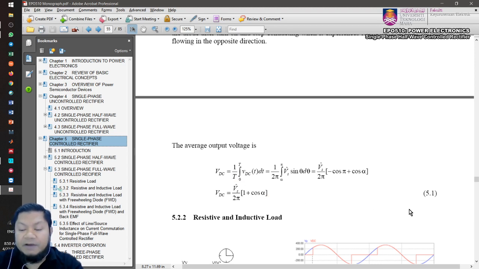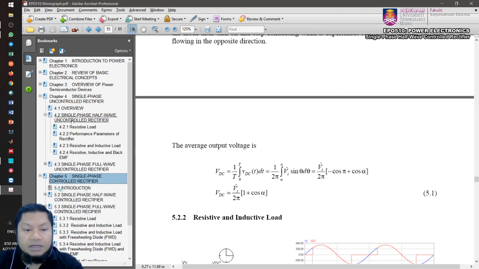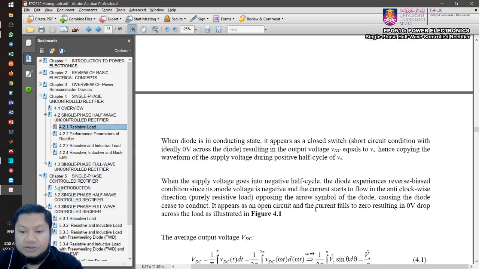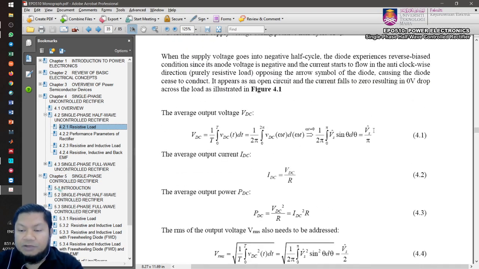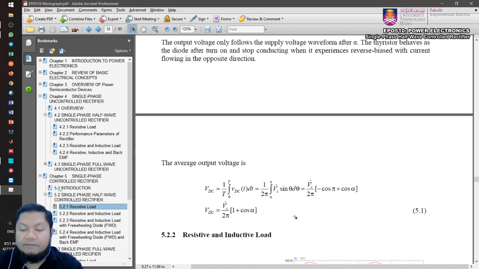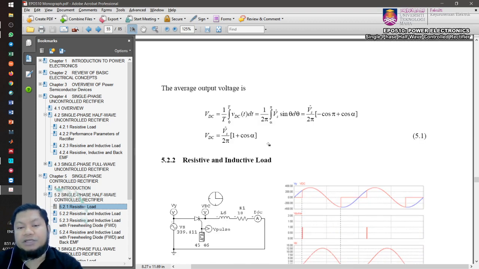If you compare this equation 5.1 with the uncontrolled version, the uncontrolled half wave rectifier, equation 4.1 is V peak over pi, and for the controlled rectifier with resistive load, the equation is V peak over 2 pi times 1 plus cos alpha.